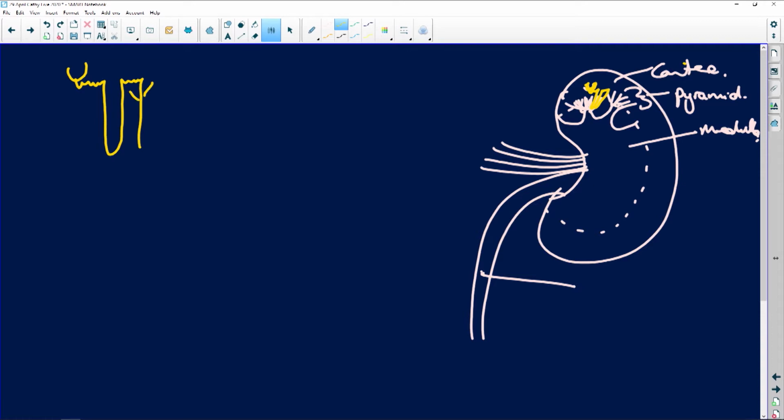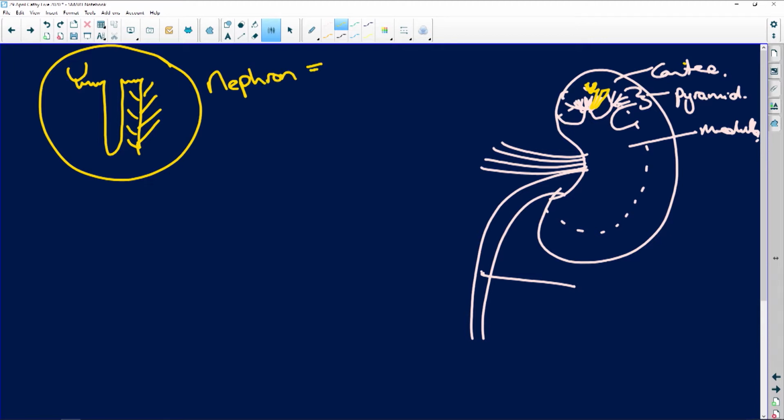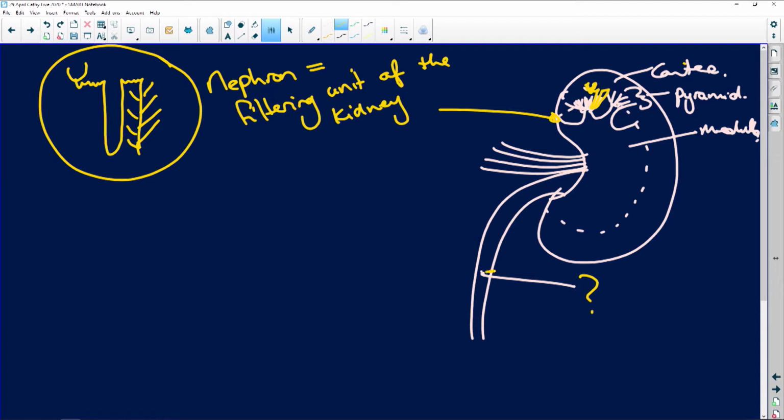And then you've got a whole bunch of these attaching into one tube. This thing here is called a nephron. And a nephron is the filtering unit of the kidney.